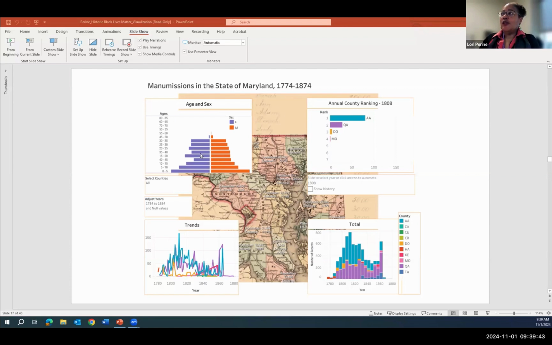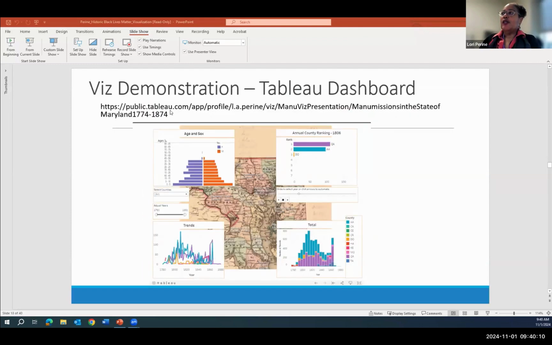This is a large overview. It allowed us to look at the trends in terms of the number of manumission documents that were recorded by county and overall in years. It allowed us to go into detail on a county basis to see what were some of the trends. And then there was a static overview of that as well.